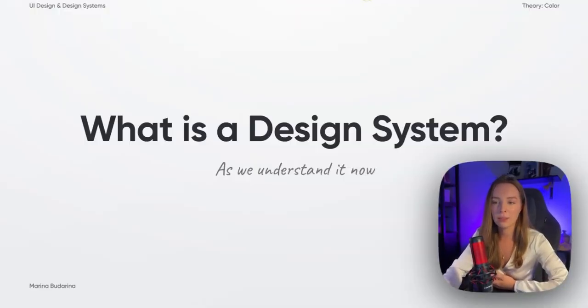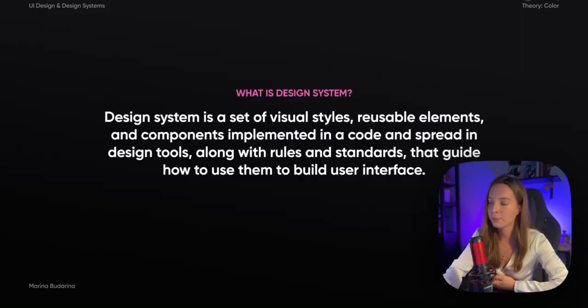Alright, let's dive deep into the matter and discuss what a design system is as we know it today. Breaking it down, a design system can be thought of as three core elements: style guide, components, and patterns.